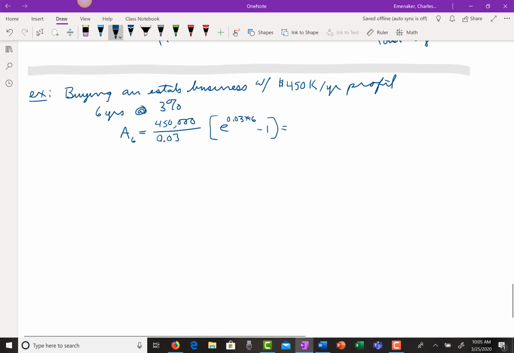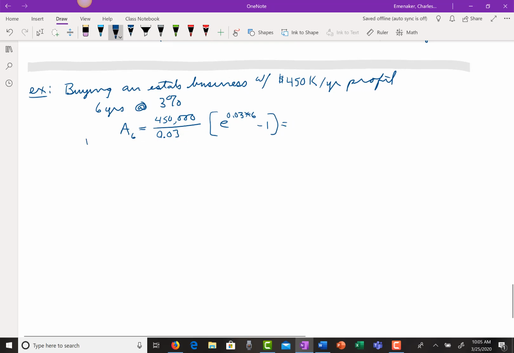Crank that out. Now remember, this is the future value. Okay. So in figuring out present values, we first have to figure out how much it's going to be worth in the future, or the total worth of all of it put together. The total value for this $450,000 a year income stream is $2,958,260.45.